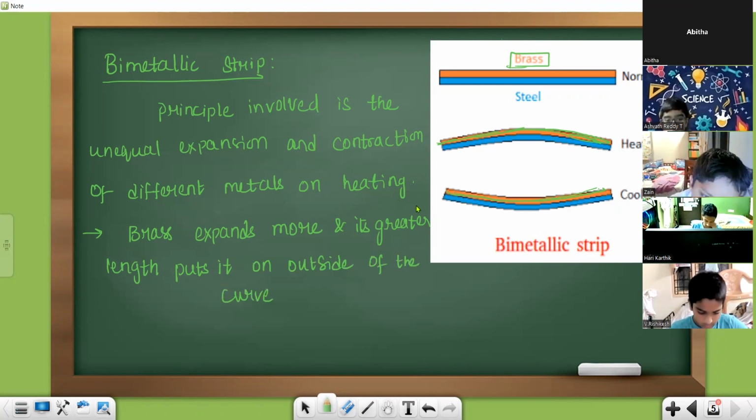So when you heat, the outside curve is brass, and when you cool, the inside curve is brass, because here the brass is contracting faster.